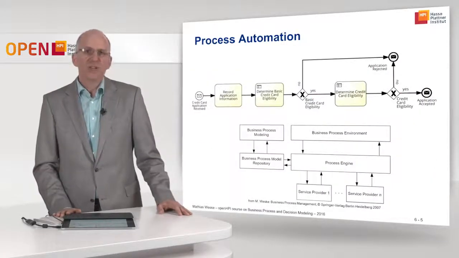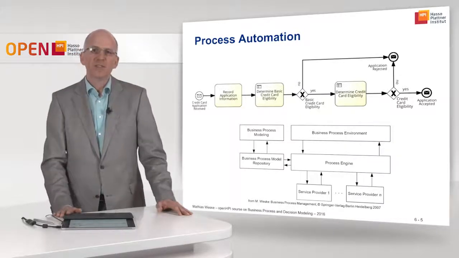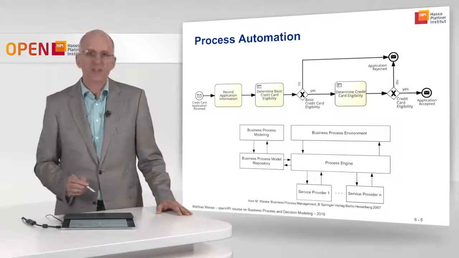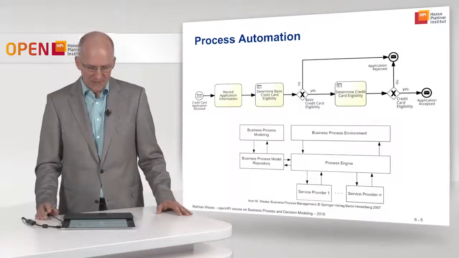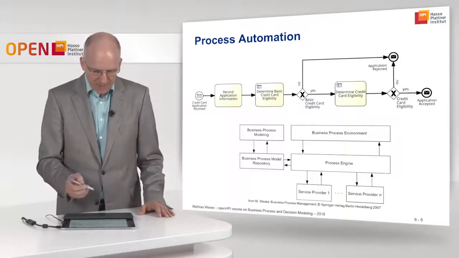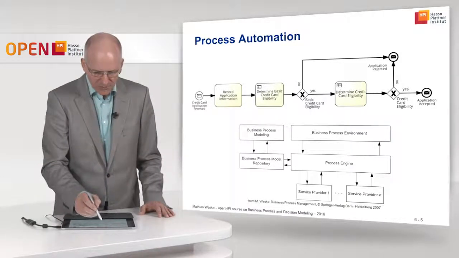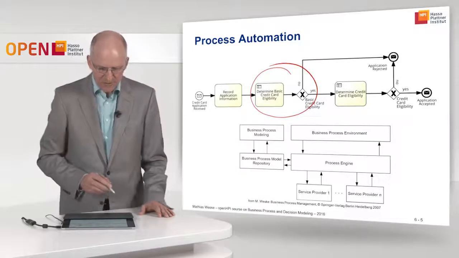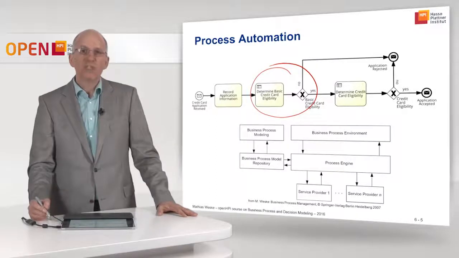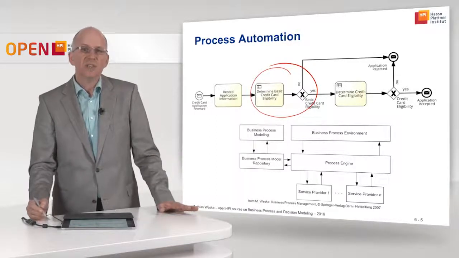There's also motivation related to process automation. We have talked about process automation already, and we have seen this architectural diagram that you see here in the lower part of this slide. What actually happens here is that when you look at the execution of this determine basic credit card eligibility, the process engine maintains the process instance.